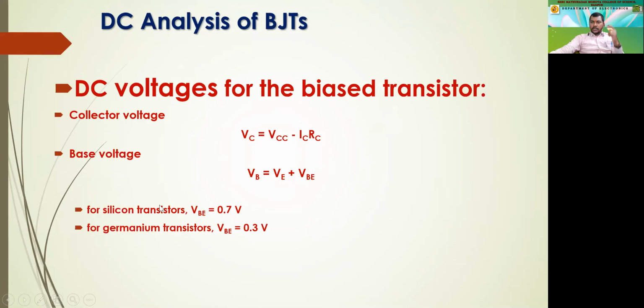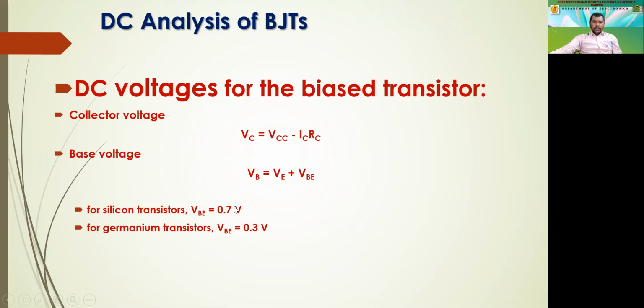Now for a silicon transistor to be in conduction region, VBE should be equal to 0.7 volt. That base emitter junction should get minimum 0.7 volts to be in forward bias. Then only the transistor will be on and the transistor will conduct.